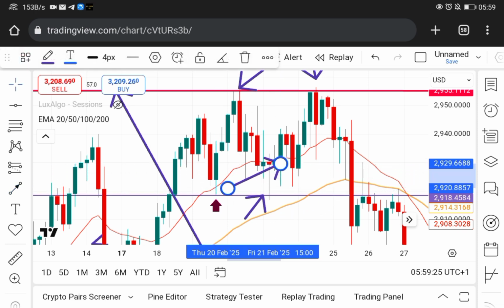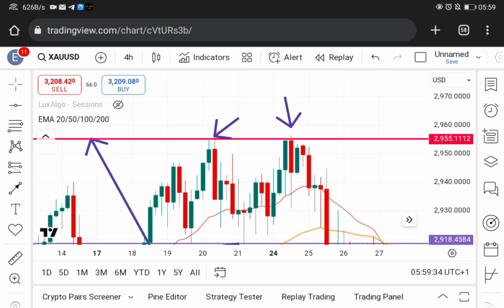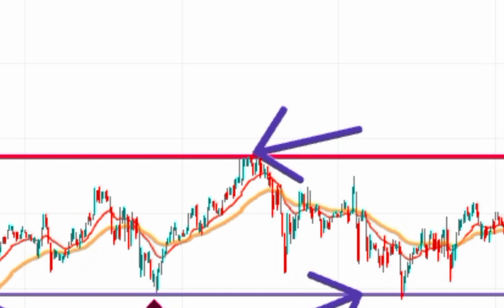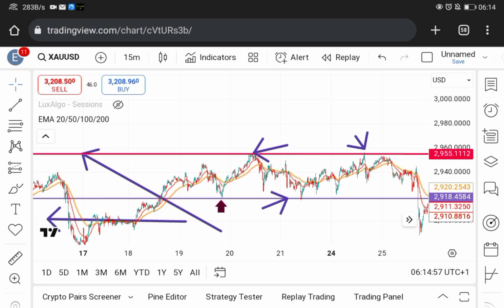So we move down to our M15 and look for our entry criteria. Let's move down to our M15. So you come to your M15. Here is my M15. I'm supposed to go to 5 minutes, but I don't want to go a bit far.